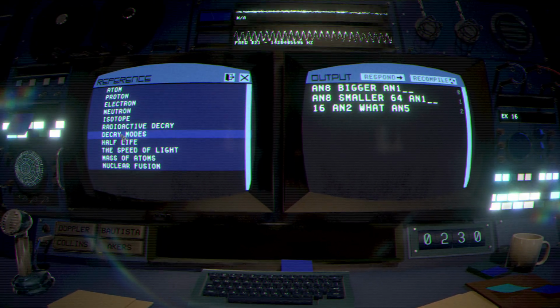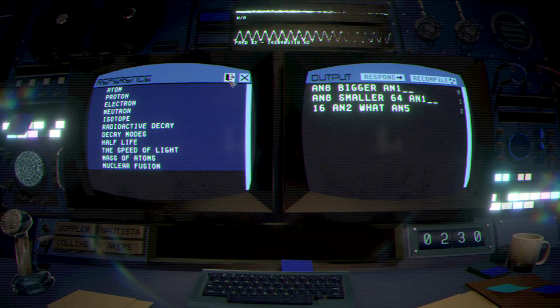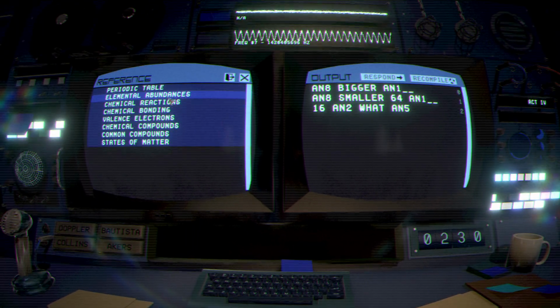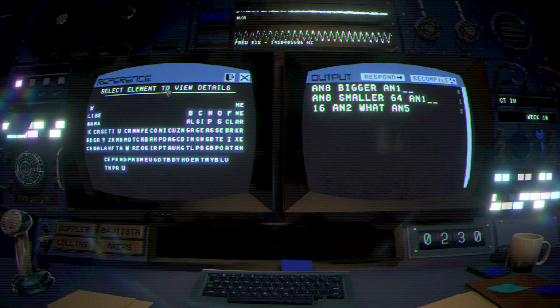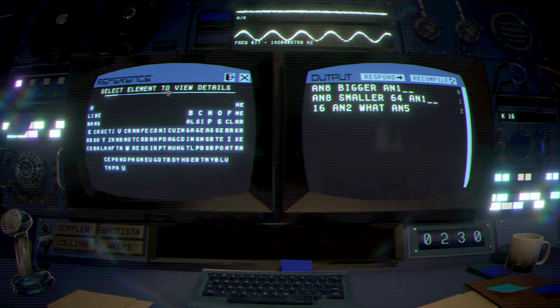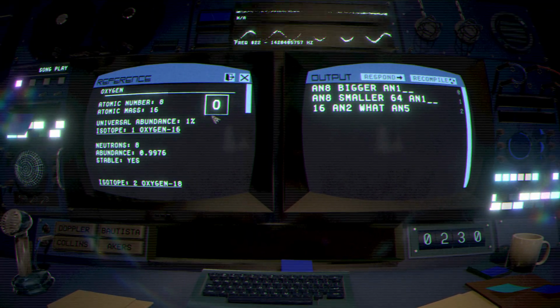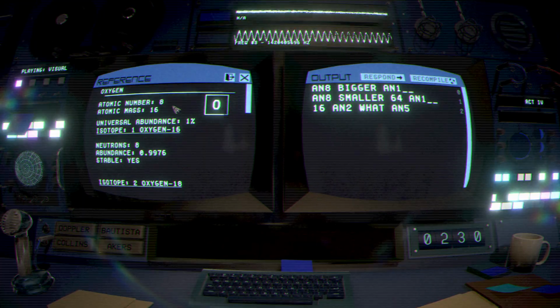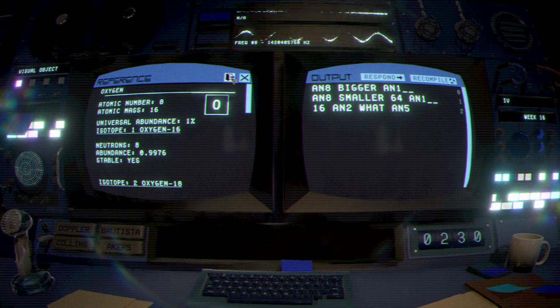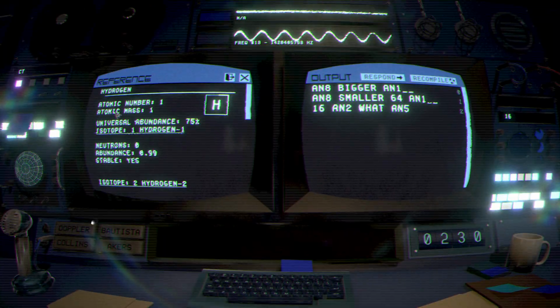If I'm reading this correctly, let's see. Want chemistry periodic table. Atomic number 8 is an atomic mass of 16. Atomic number 1 has a mass of 1.